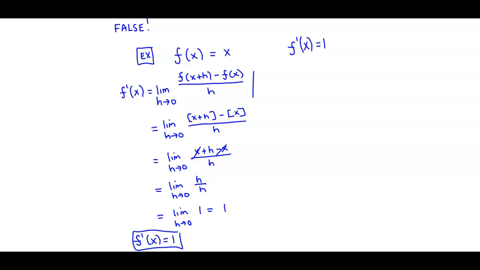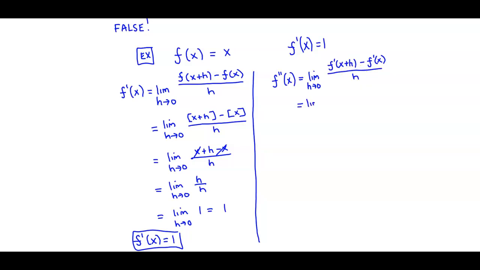Okay, now let's find the second derivative. So if we find the second derivative, we know that the limit as h approaches 0 of the first derivative of x plus h minus the first derivative of x divided by h.